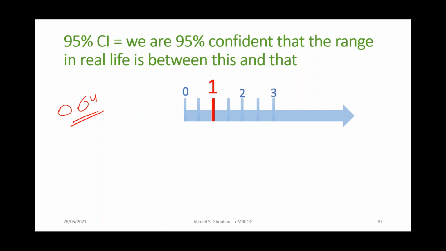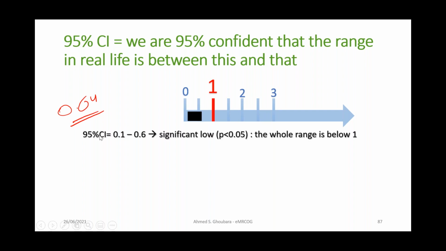These are three examples. First, between 0.1 and 0.6, like this one. Take care of this: all are below 1. The whole range is below 1, from 0.1 to 0.6.